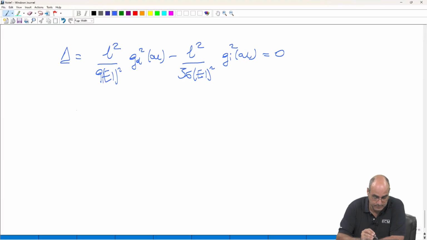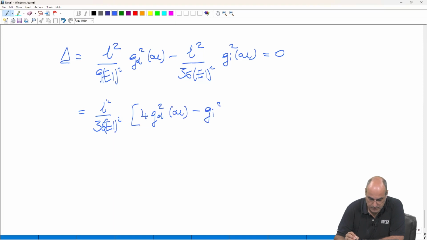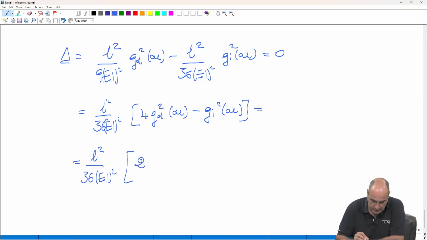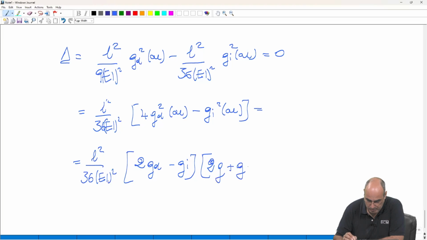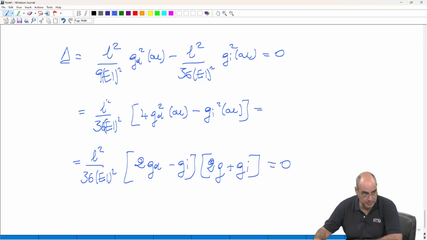This has to be zero. And you can say this is L square over, minus G direct minus G indirect, equal to 0.